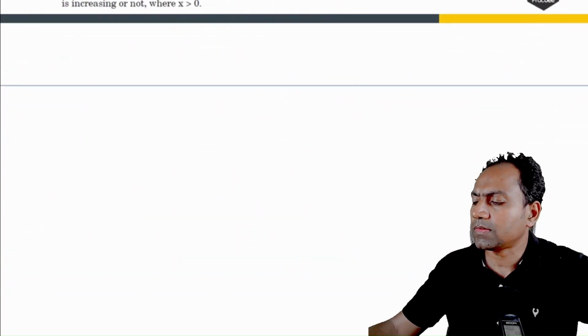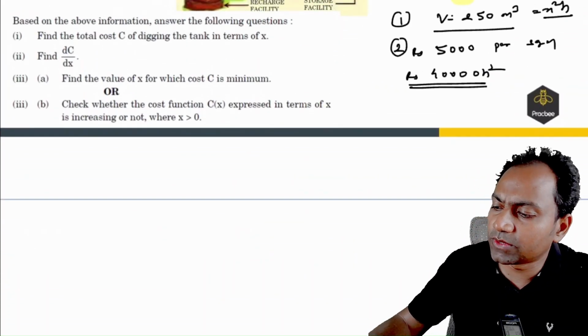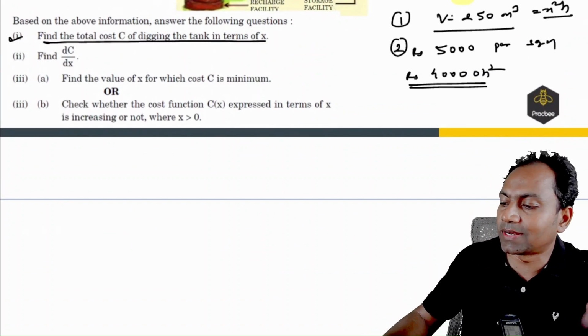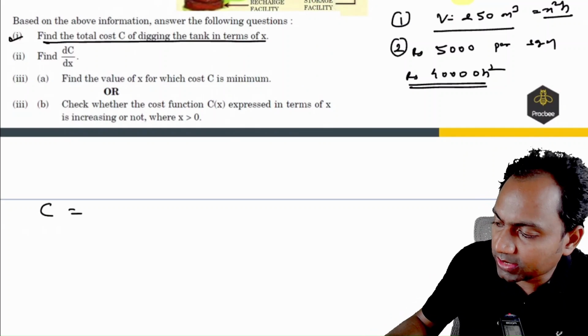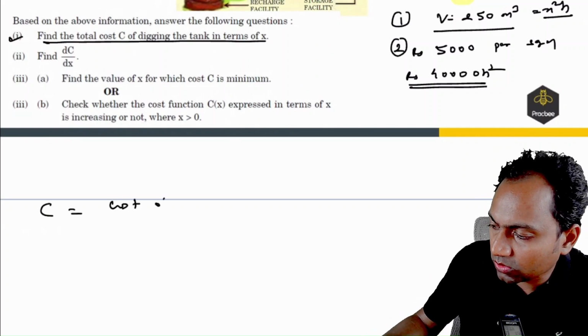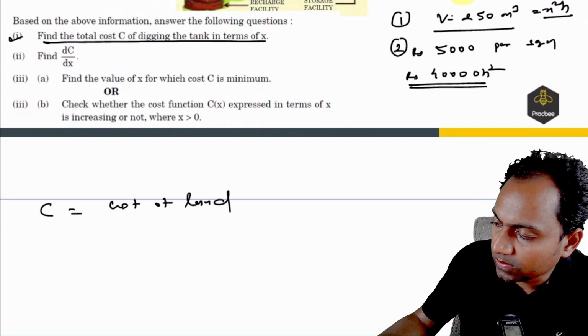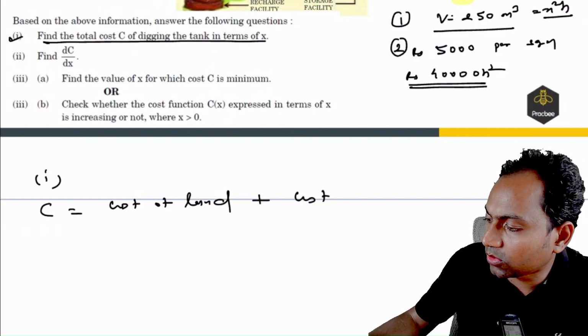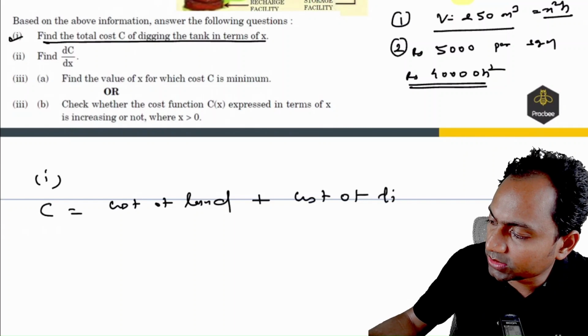Now there are multiple parts in this question. First talks about find the cost function in terms of x. Now let us write it down. So if I want to write costing, there are two costs. One is cost of land. Now this is my first part. And the second element would be nothing but cost of digging. There are two things into it.